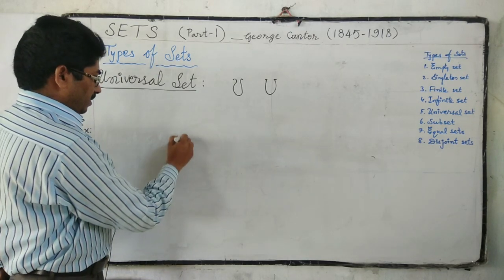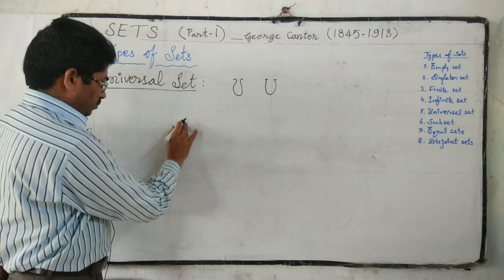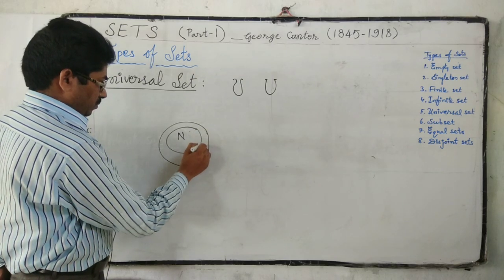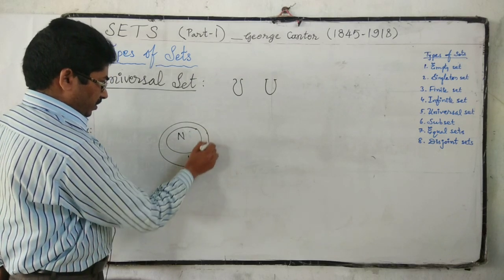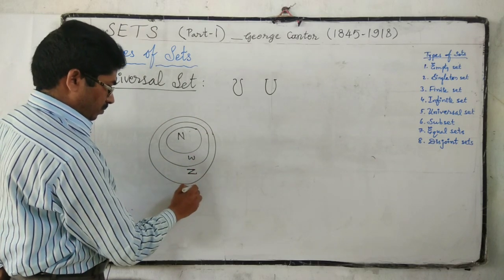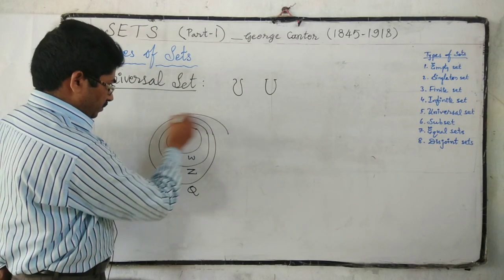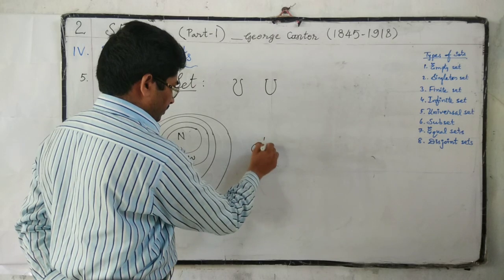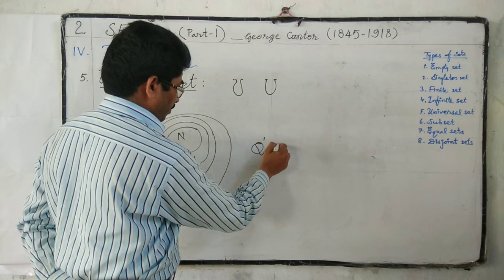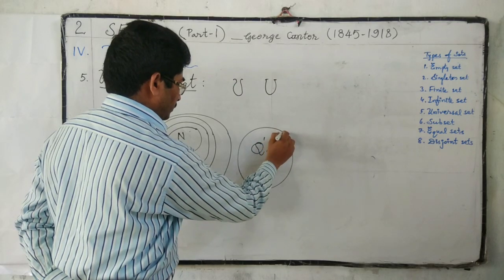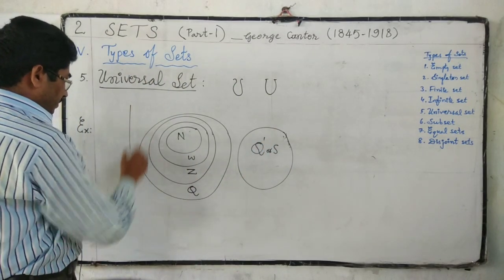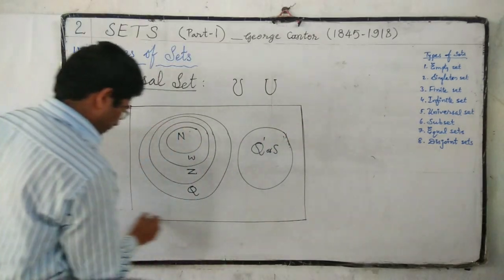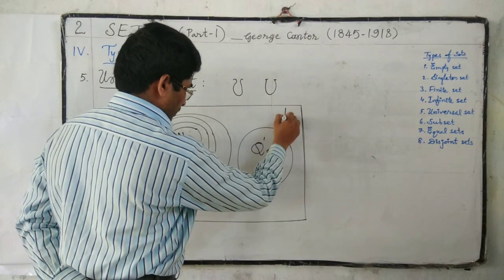We know already natural numbers, whole numbers, integers, rational numbers and irrational numbers, Q dash or S. These are all considered or discussed in real numbers.